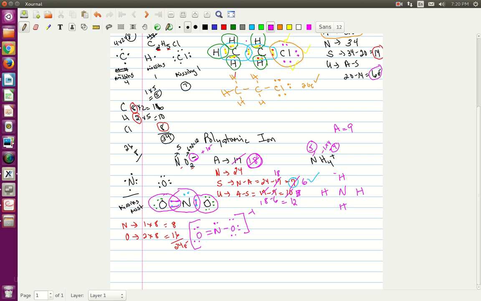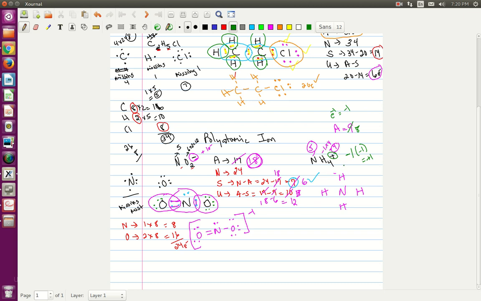But this has a +1 charge. And that means that we subtracted 1 negative electron. Because remember, electron is a -1 charge. So we subtracted a negative to get a +1. So we don't really have 9 electrons available. We have 8.